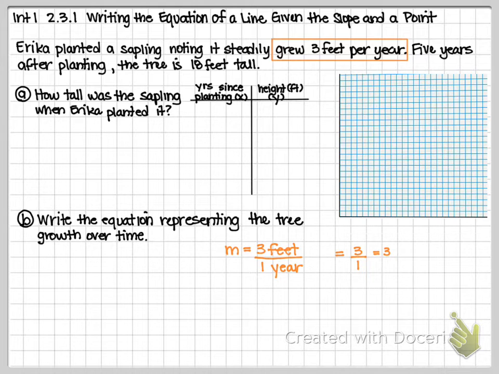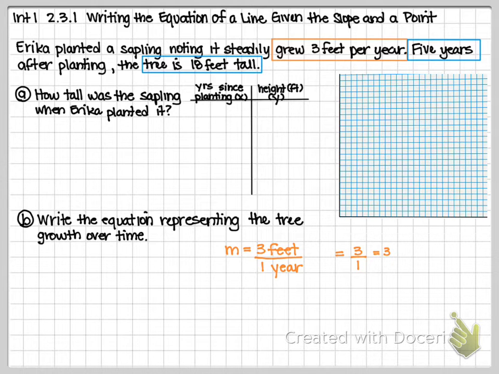Second thing, back up at the top. Let's take a look at this. The second thing, I'm being told 5 years later, so at some point in time, 5 years, I know that the tree is 18 feet tall. Now, unfortunately, I have no idea how big the tree is when she planted it.